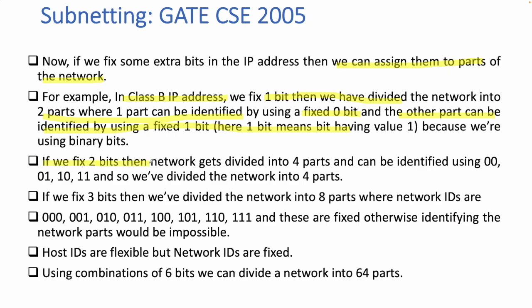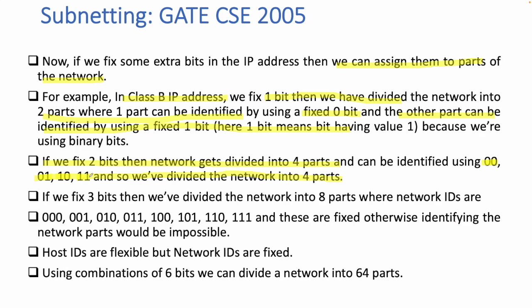If we fix 2 bits, then the network gets divided into 4 parts. Why? Because you can assign different parts using this code: 00, 01, 10, 11. If we fix 2 bits, then we can assign part 1 of the network using 00, part 2 using 01, part 3 using 10, and part 4 using 11.